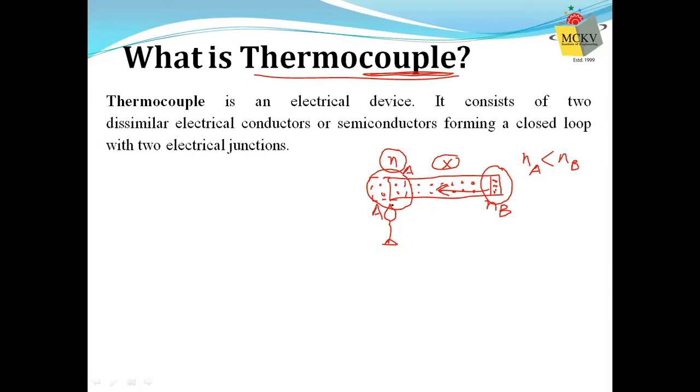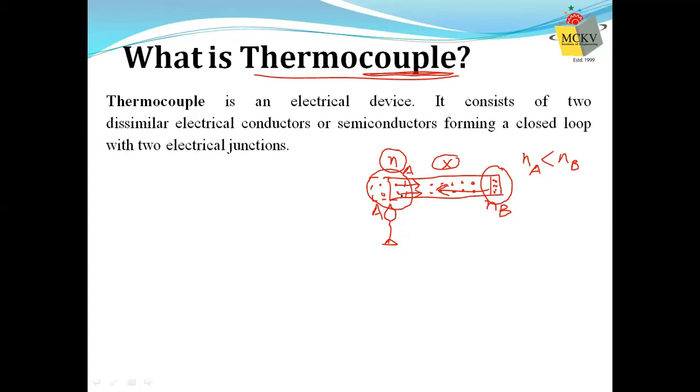But there is another effect. Since you are heating the electrons here, the kinetic energy of the electrons will be higher towards the right. The electrons will be much more energetic at this end. These electrons will drift to the right. So there are two processes going on. One is the diffusion due to the concentration gradient that is being developed. It is opposite to the drift, and the drift is due to the heat that I have given over here.